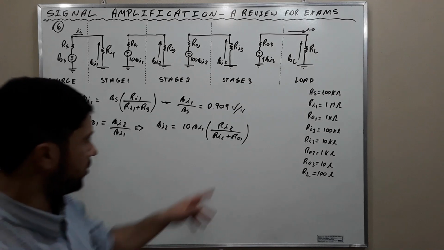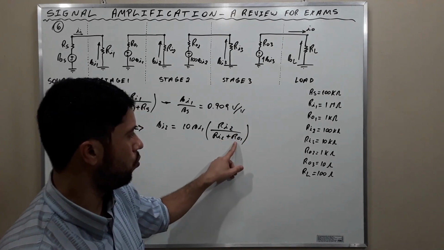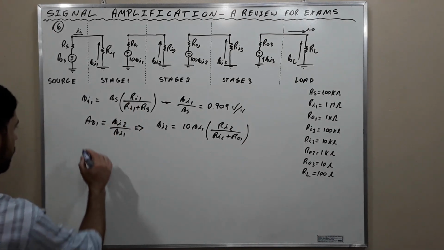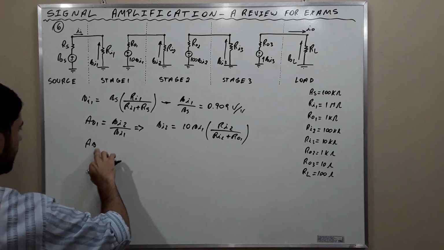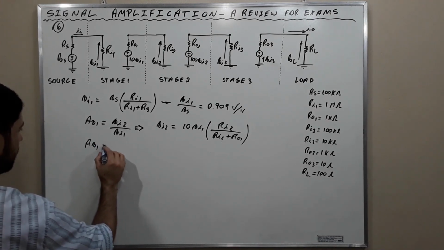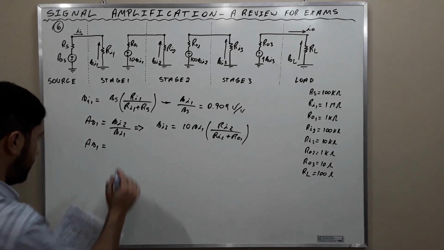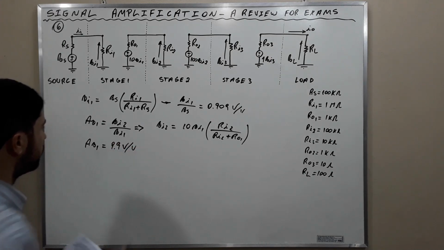And using the values RI2 = 100 kilo ohms, RO1 = 1 kilo ohm, we know then that AV1, the voltage gain of the first stage, is equal to 9.9 volts per volt.